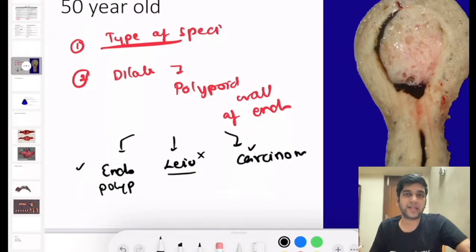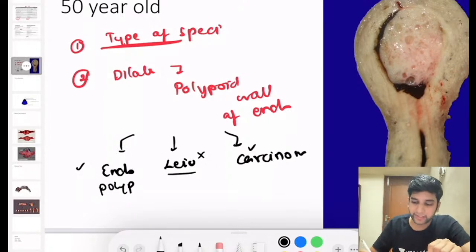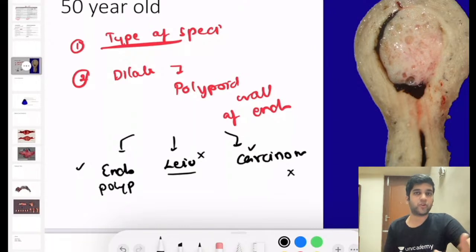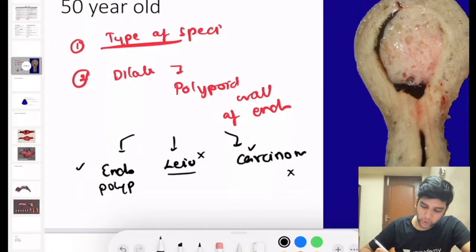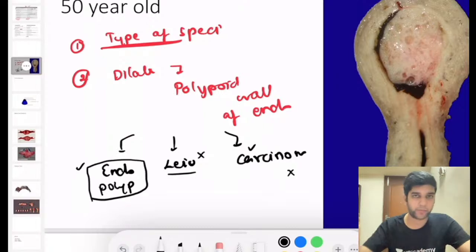You can appreciate a necrotic mass. If you have a gross specimen in your real exam, you can definitely feel it. Definitely you can say it's necrotic, right? So without necrosis on the gross, for me to comment something as carcinoma is a bit out of bounds, right? I will not think of it as carcinoma here. I'll come to ESS, why I wouldn't think of an ESS, right? So my first possibility here is endometrial polyp, right?